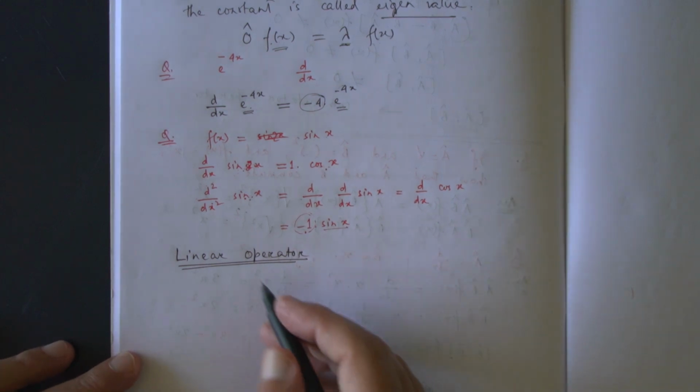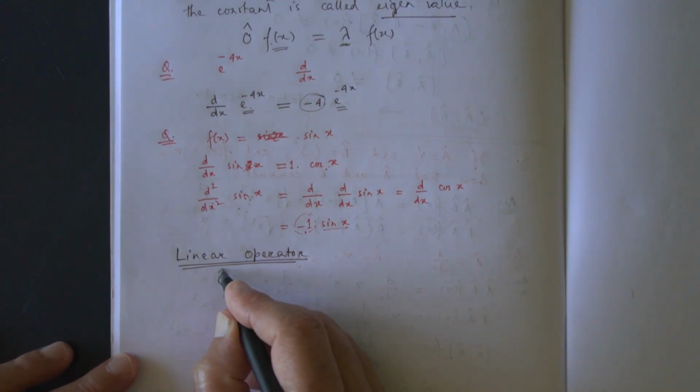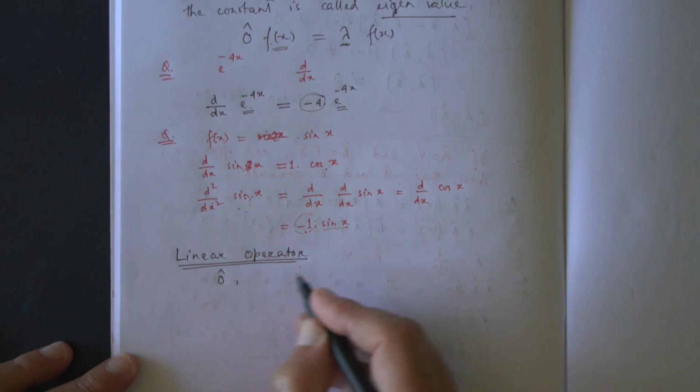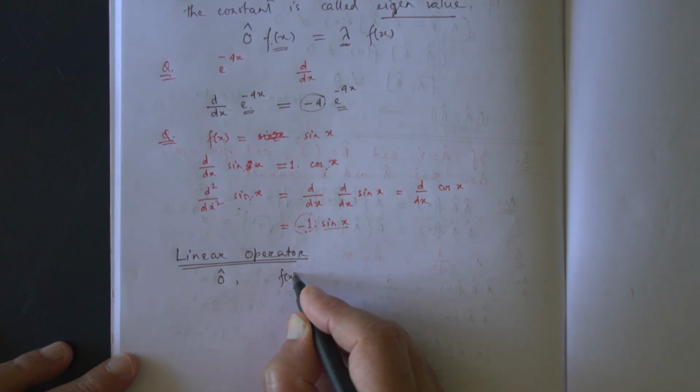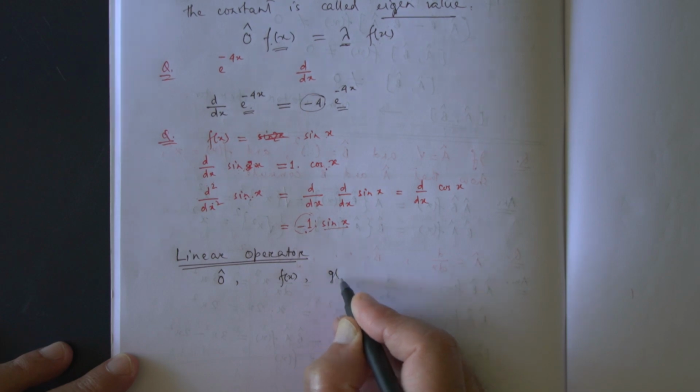We define it like this. We have an operator, and we have two functions, f(x) and g(x).